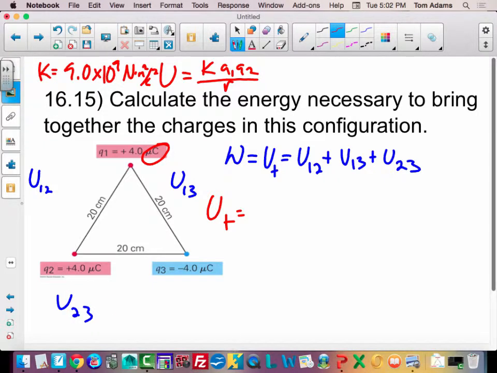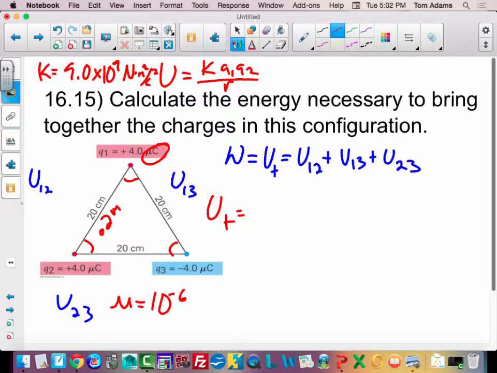So remember that this is the Greek letter mu, which really is 10 to the negative 6. Okay? And then the distance between them is 20 centimeters between all of them. It's an equilateral triangle. That means that the angles are the same, but that doesn't really matter in this case. So we're going to say 0.2 meters.